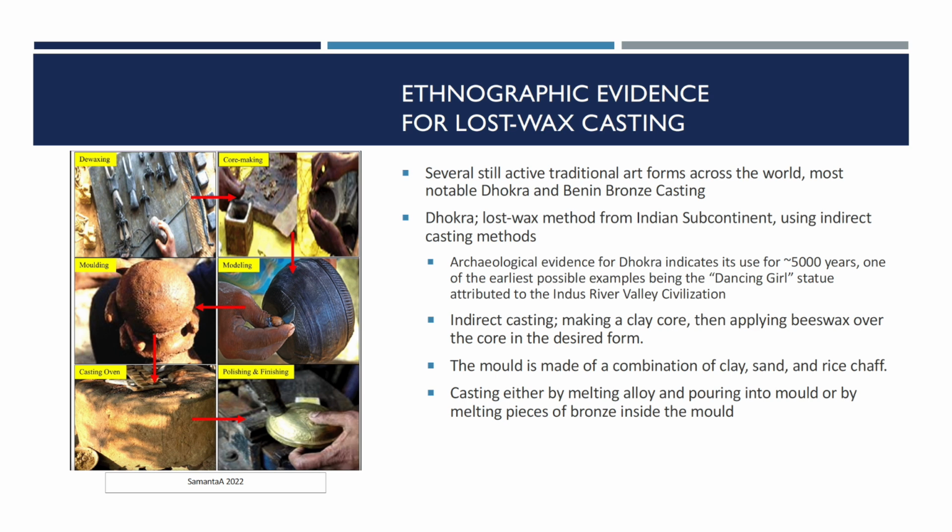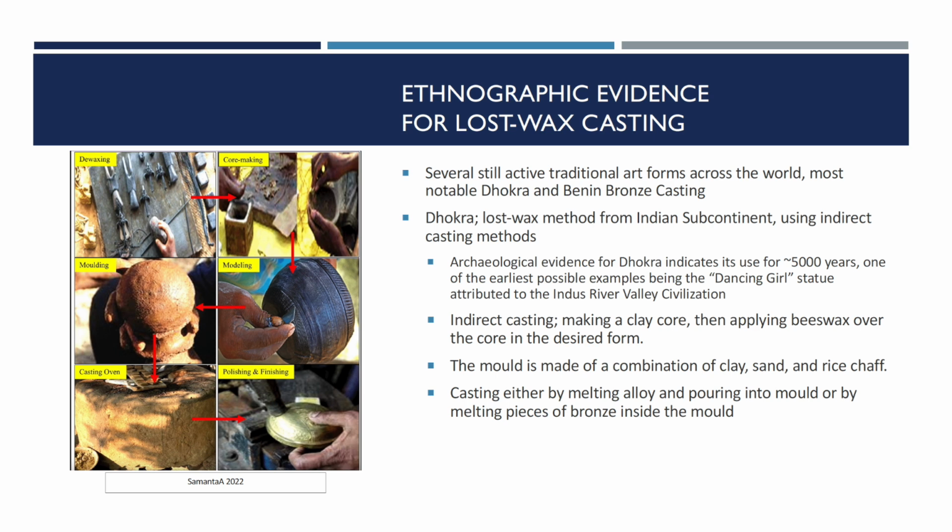Dokra, as it is practiced today, is an indirect casting. That is to say, you make a form out of clay, you then apply the beeswax over that model, and then that is encased in the mold, which is a combination of clay, sand, and usually an organic material, in this case often rice chaff.